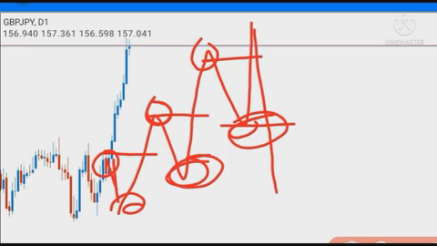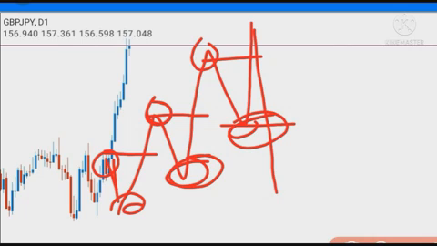I use the word potential because breaking the structure once to the downside is not a confirmation that we are in a new trend. It could simply be a liquidity grab, and then price will just continue carrying on up. So we need to understand that one very well.